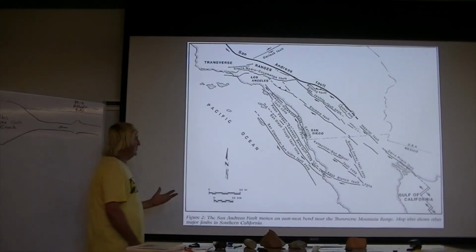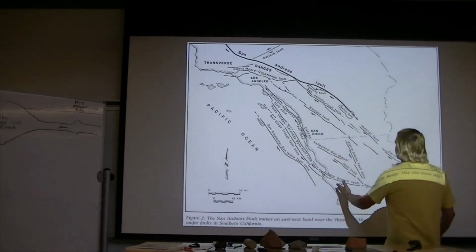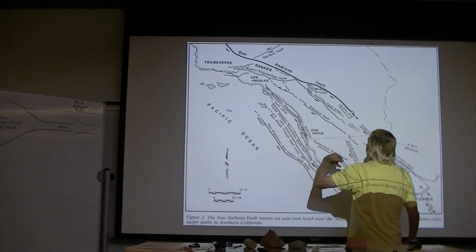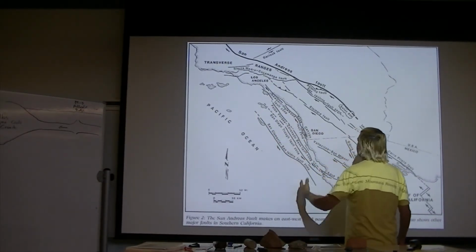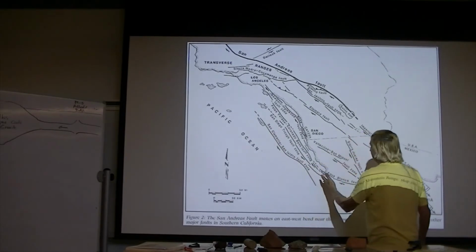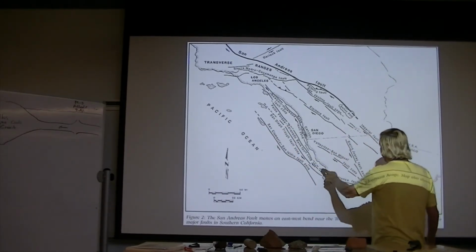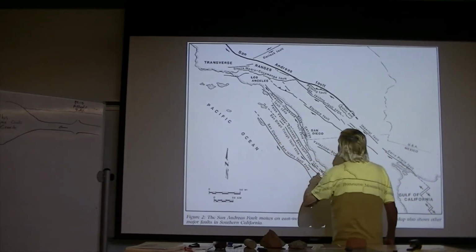And so if you look at this, this is a map showing California. This is Baja. Here's the coast of California, San Diego, Los Angeles, Palos Verdes Peninsula, Newport Inglewood Fault. Look at all the faults here. We have the San Clemente Fault. San Diego Trough, which actually connects down here with the Agua Blanca Fault. We have the Palos Verdes Fault.